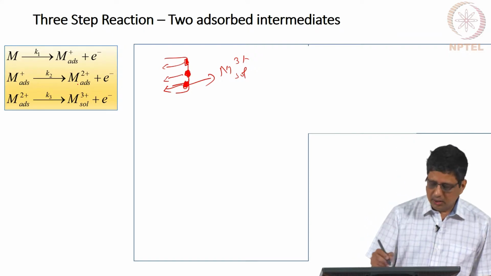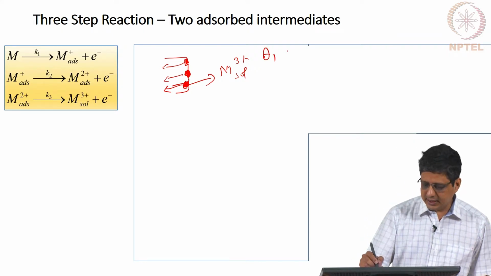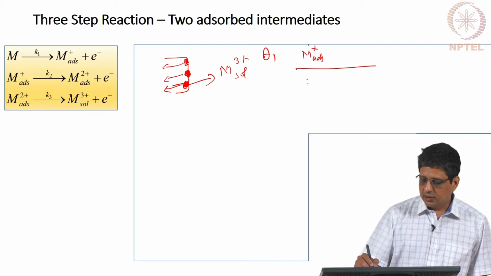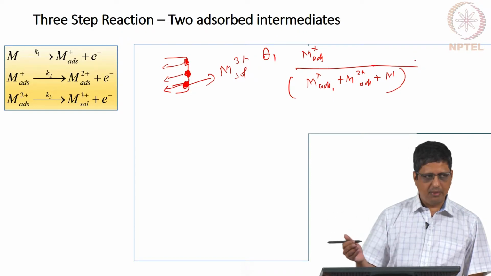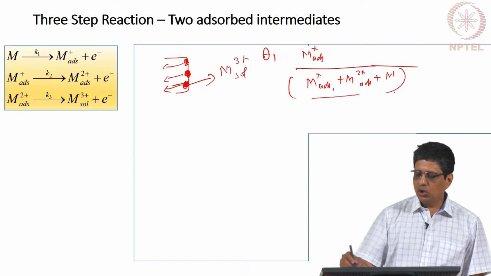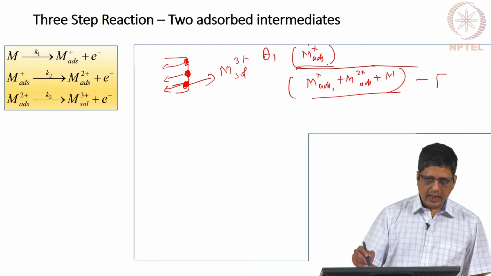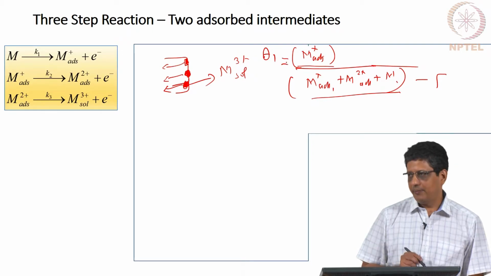We are going to call theta 1 the fractional surface coverage of M plus adsorbed, and likewise for M2 plus adsorbed and vacant metal. The number of sites per square centimeter is the total number of sites, which we represent as gamma, the moles or area occupied per unit geometrical area. The number of sites divided by the total number of sites gives us theta 1.